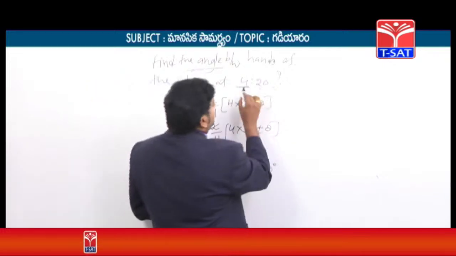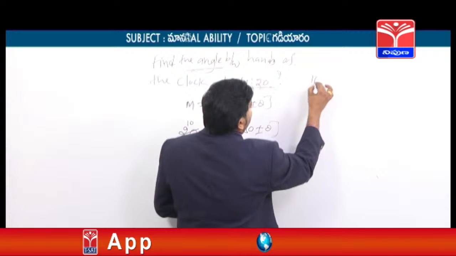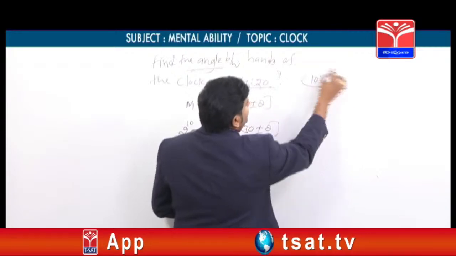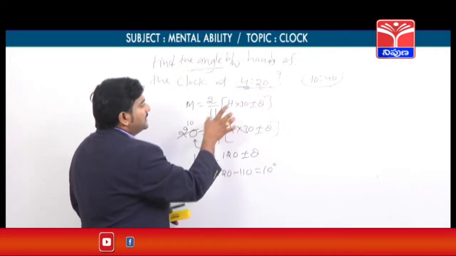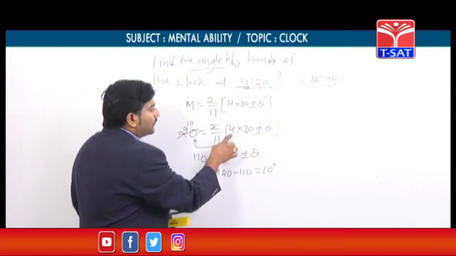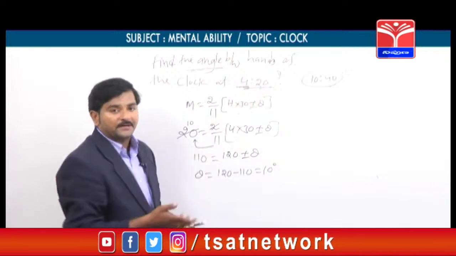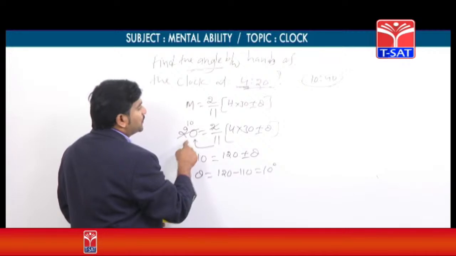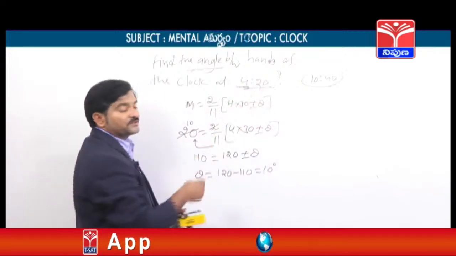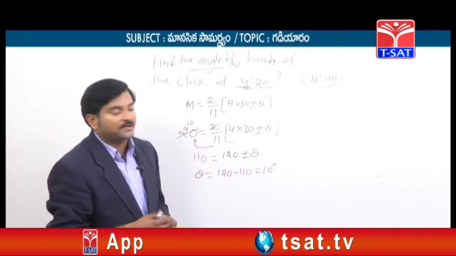For example, instead of 4:20 he gave 10:40. No issue, you can take 10:40. So in the same formula, instead of 4 we need to take h equal to 10, because the hours are 10, and instead of m equal to 20 we need to take m equal to 40, because he mentioned 40 minutes.